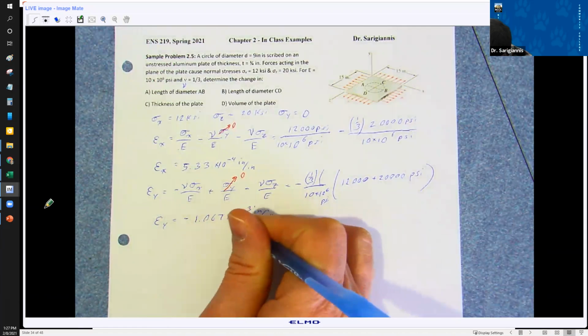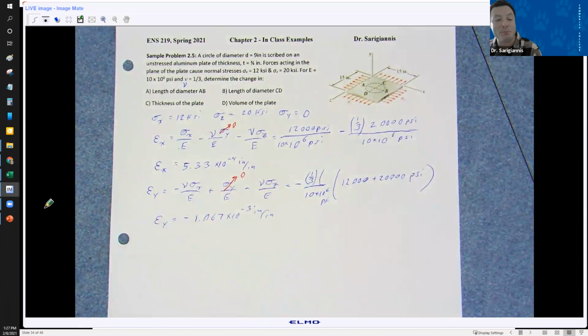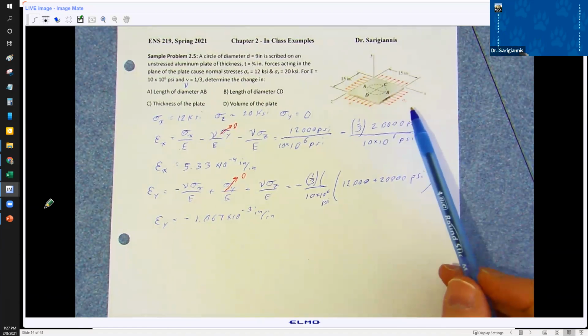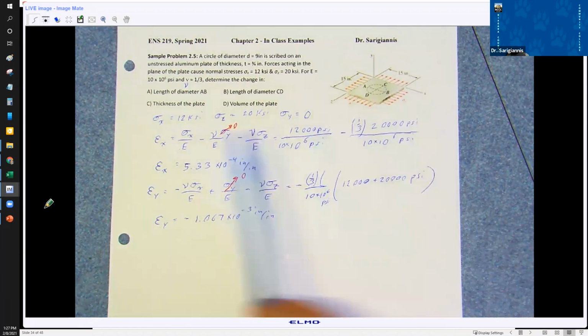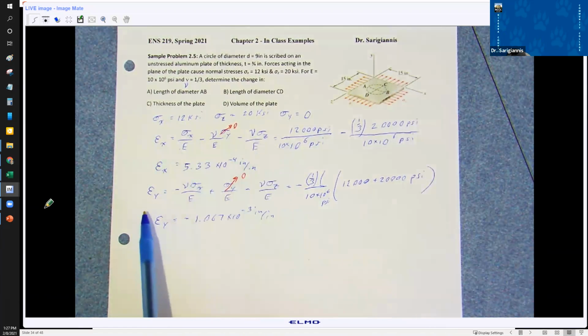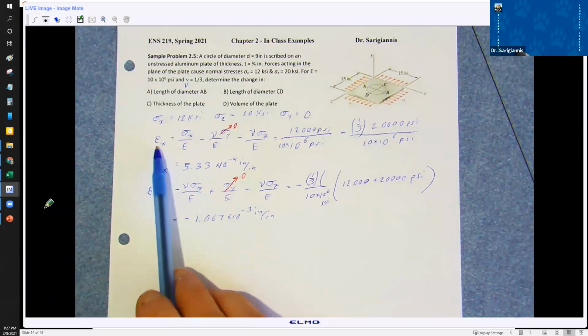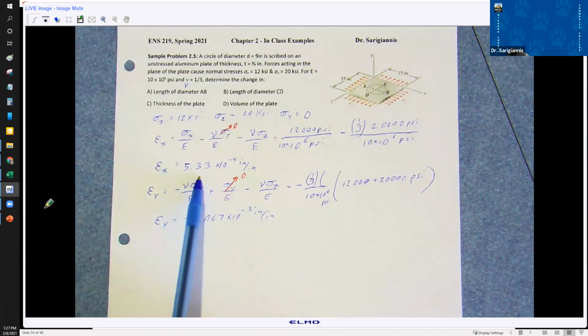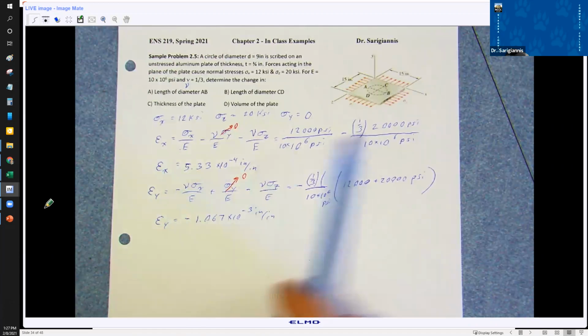And it's a good idea to check these as you go. Do my signs make sense? Well, let's see. In the case of the strain in the x direction, it's kind of tough to tell, because you really need to know. It depends on the Poissons ratio.